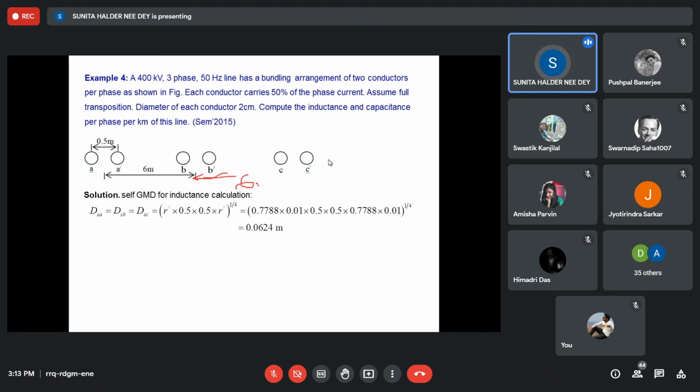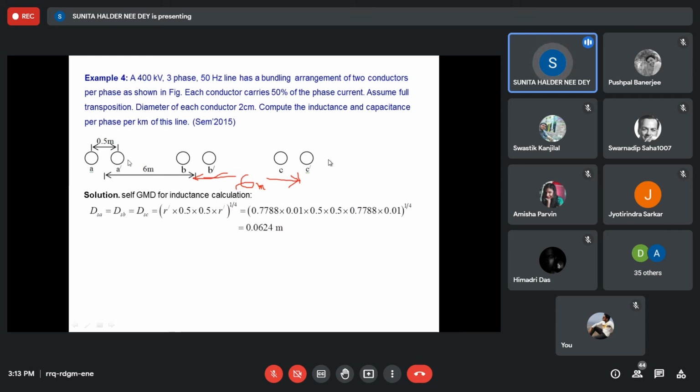This again is 6 meter. If it is not mentioned, then you can say that the distances between them are the same. Then we have to calculate the GMR first. The two conductors have the same spacing, so the GMR of each phase will be the same. So we can calculate it for any one of the phases.